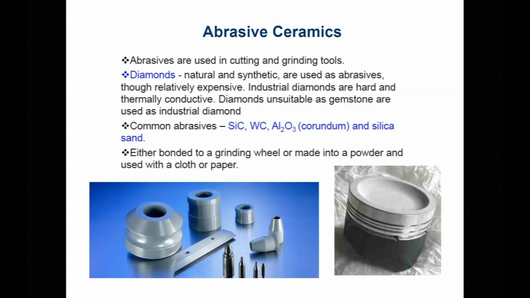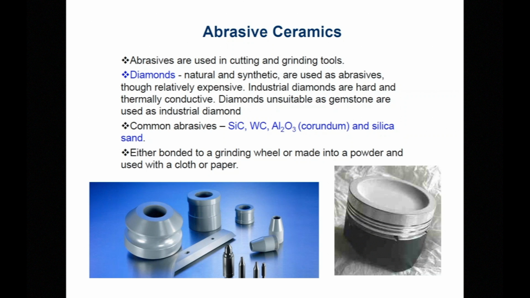Abrasive ceramics are very much used for cutting, grinding, sanding, different types of particle processing. Common abrasive materials will be your aluminum oxide, your silica, sand, silicon, tungsten carbide, etc. A lot of this have found its industrial uses, even in do-it-yourself type of applications that you can get from Home Depot.